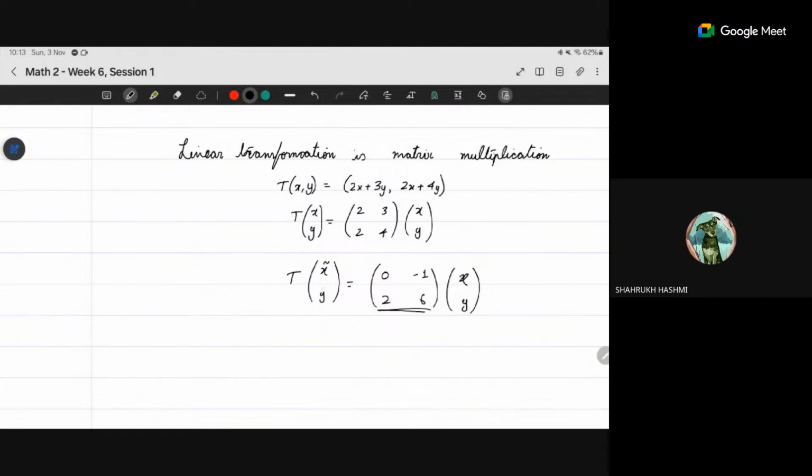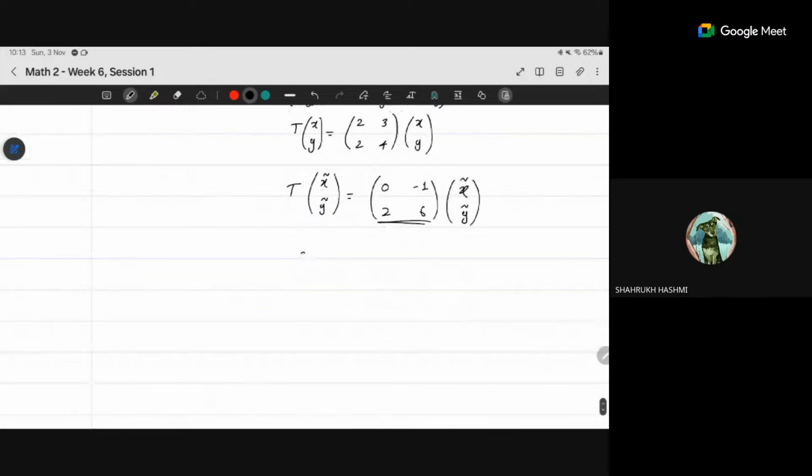Here your x tilde, y tilde is with respect to some other basis. So your vector is x tilde times v1 plus y tilde times v2, where v1, v2 is your given ordered basis.